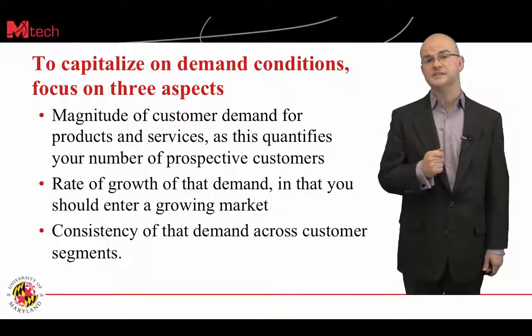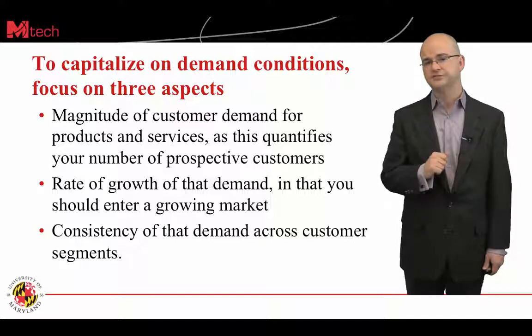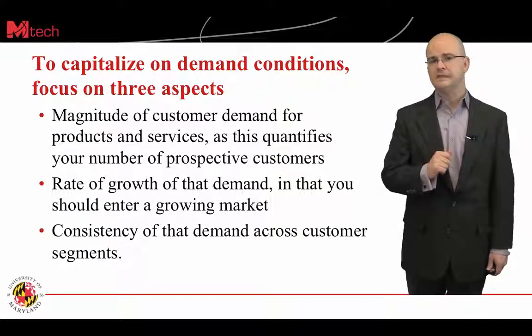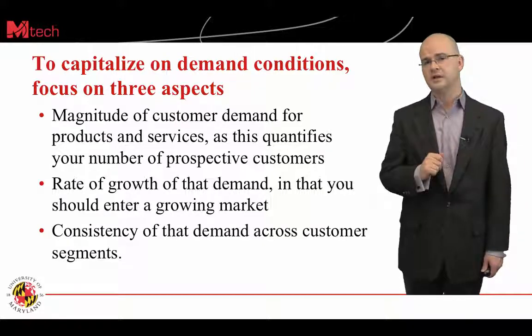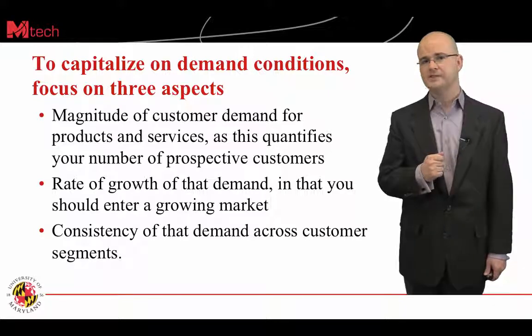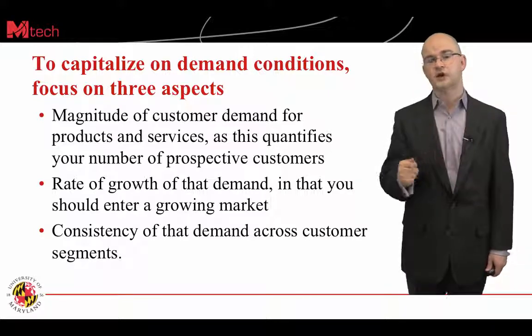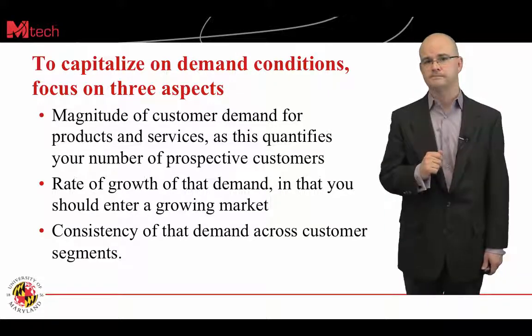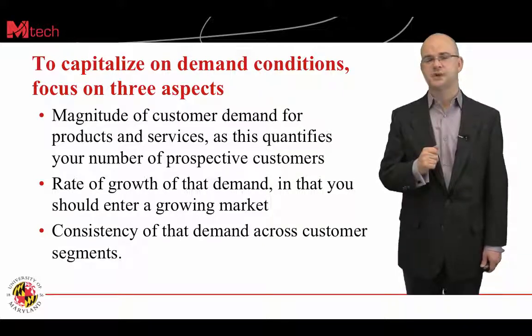We're also interested in the consistency of demand across the customer segments. So when I look at that demand and I see that half of the market spend is K through 12, that's a fairly homogeneous market. There probably is a similar set of needs and wants across that broad segment. Now that doesn't mean that I necessarily want to try and build a product that's going to serve everyone.